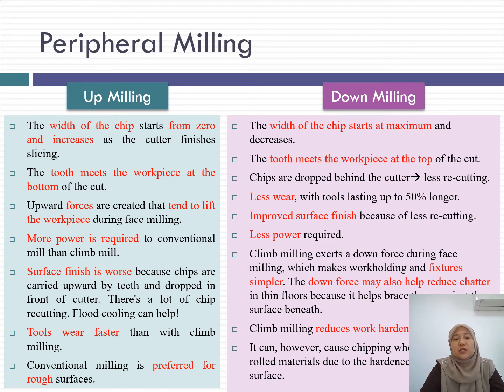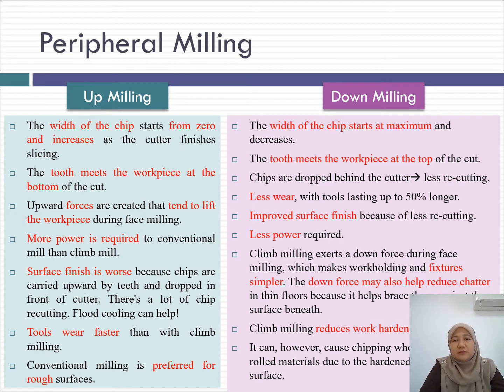Flood cooling means during the cutting operation you need a lot of coolant flushed to the surface of the workpiece. Tools wear faster than with climb milling. Conventional milling is preferred for rough surfaces. So conventional milling is okay for rough cutting operations.